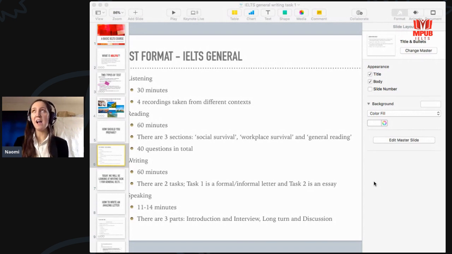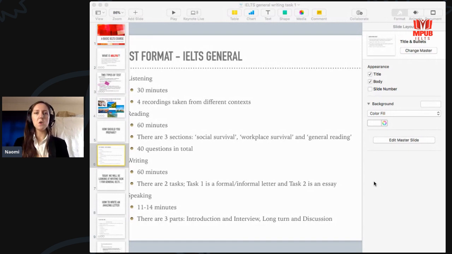This now actually should be the easiest bit because you've already written a detailed plan. So your plan should already have your main ideas. So this should actually be the easy bit. This is how I would plan my time.